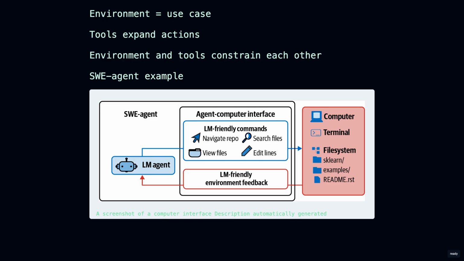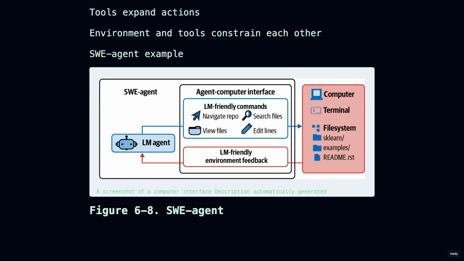That tells you the agent is not chatting in the abstract. It is acting inside a real software environment. This figure labels the agent as a coding system built around GPT-4. The important idea is that the model is only one part of the system. The environment and tools define what it can actually accomplish.